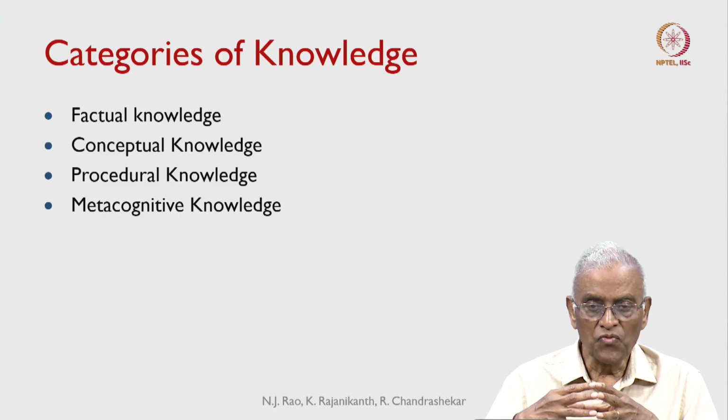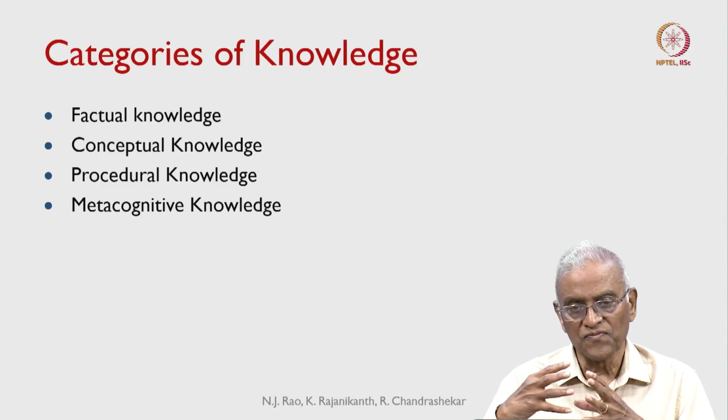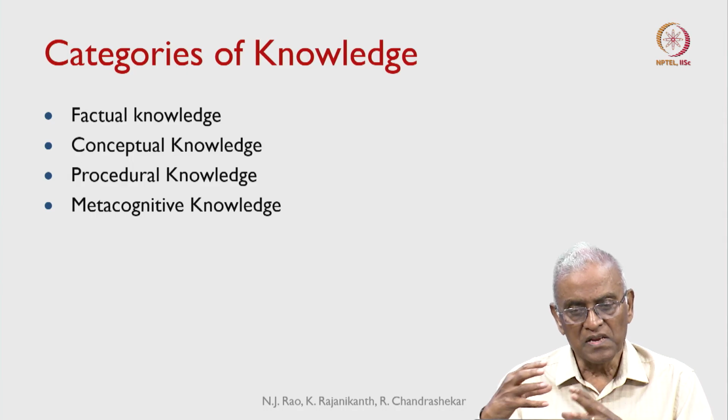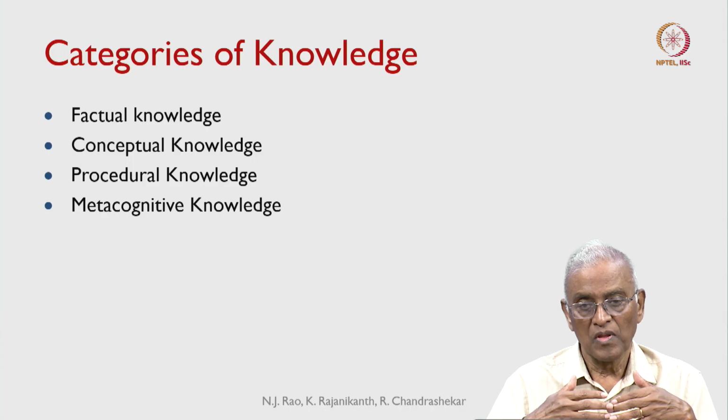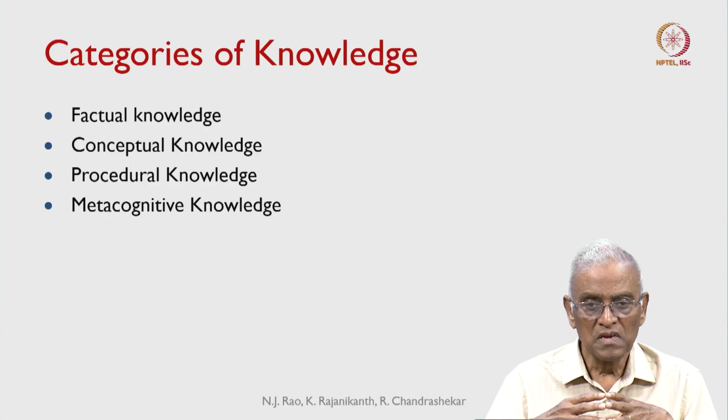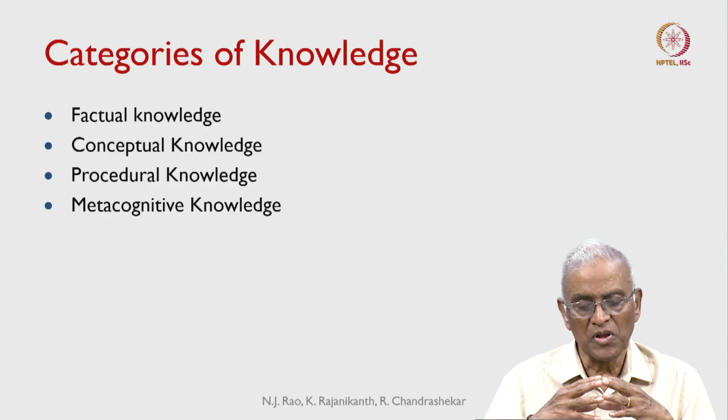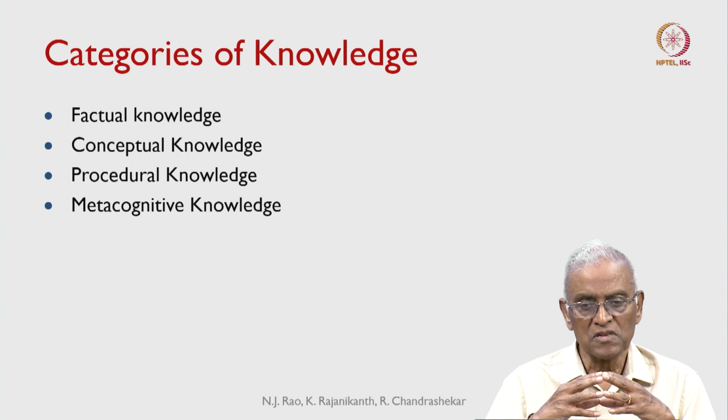To this we added Vincenti's categories of engineering knowledge, which are four again, which can be added below. But right now we will limit ourselves to only one variety, namely conceptual knowledge.